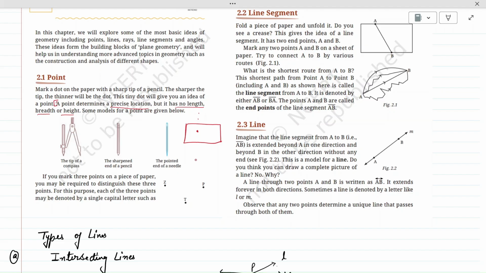But there may be a scenario where I am making multiple points. I'm making 2 points, I'm making 4 points. Now if I ask you about that point, we will not be able to understand which point I am talking about.